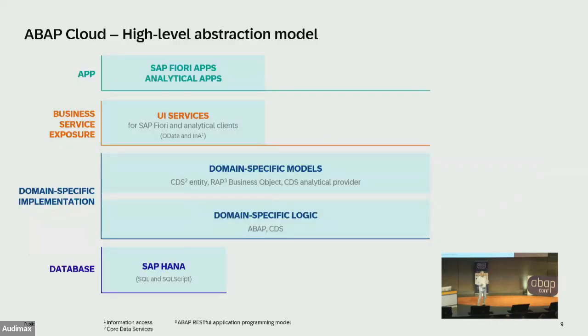The main ingredients or cornerstones or boxes of the ABAP Cloud development model are illustrated here. First of all, of course, down there we have the database, SAP HANA. You access it using SQL or SQL script. Second, your data model is represented by core data services.